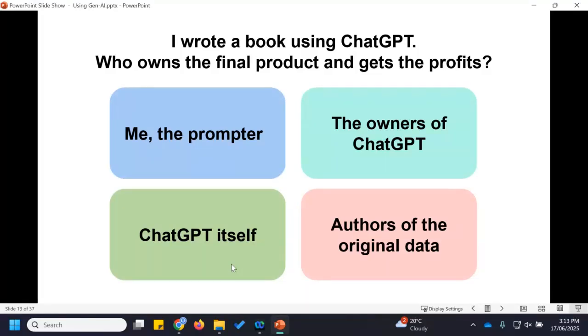And some tools like Napkin AI actively say that anything it produces is open to be used by the public, right? So it's not owned by the tool. But the book that has been written using ChatGPT has used the copyrighted material of other authors. So the book would, in theory, belong to the authors of the original data, even though the prompter, as you said, Anna, is profiting from that.